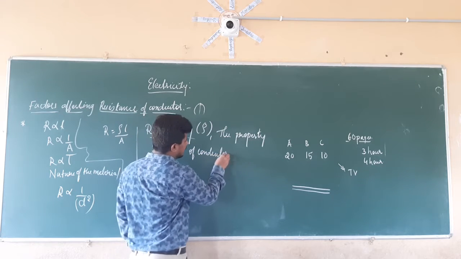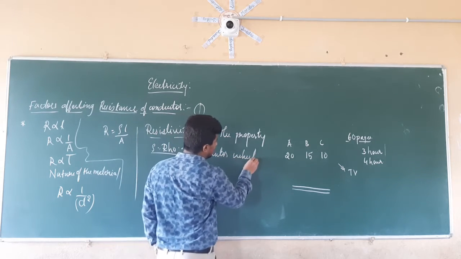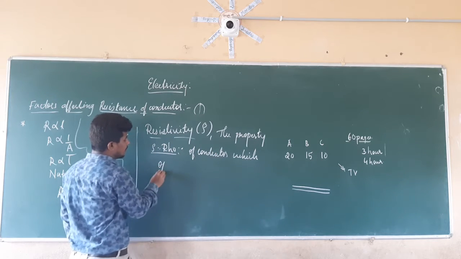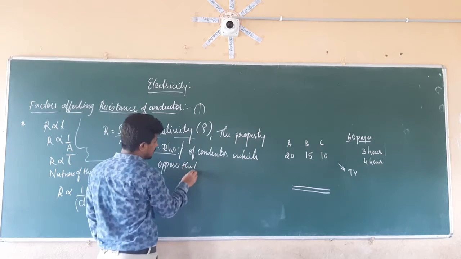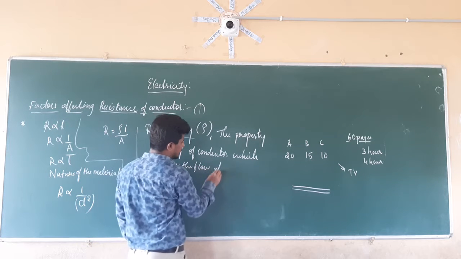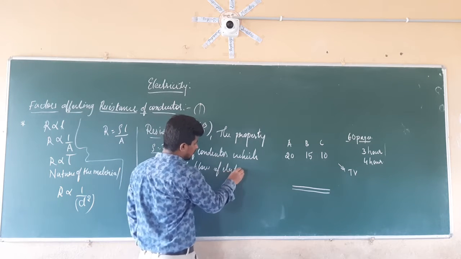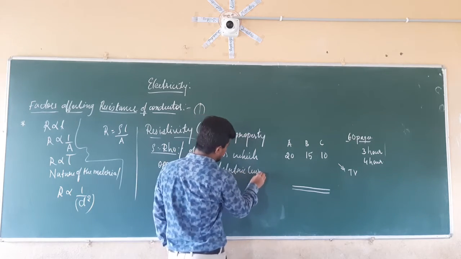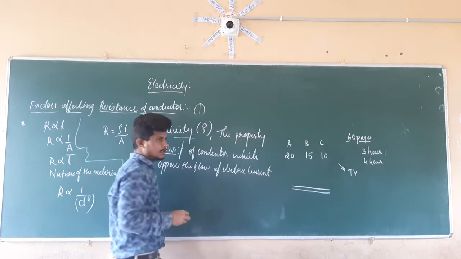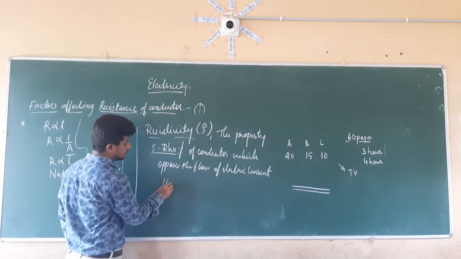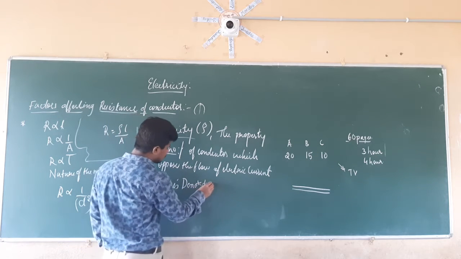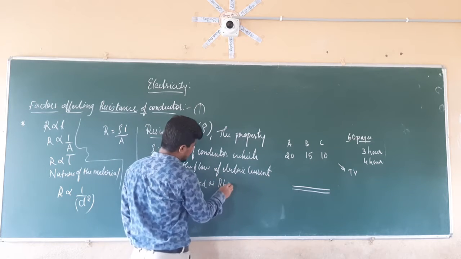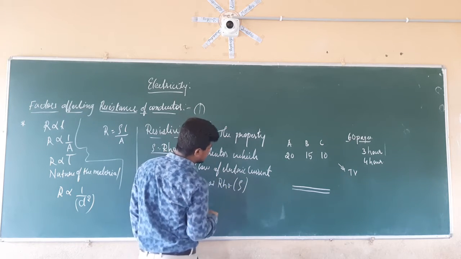So we can define resistivity as the property of a conductor which opposes the flow of electric current. It is denoted as rho, and the symbol for rho is like this.